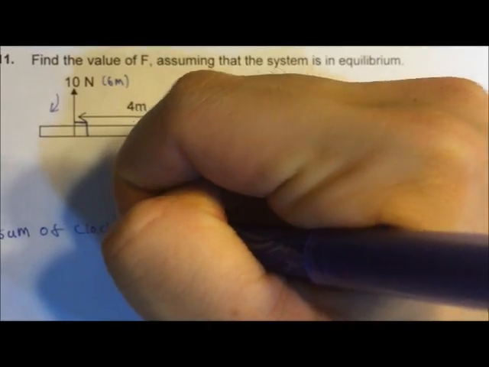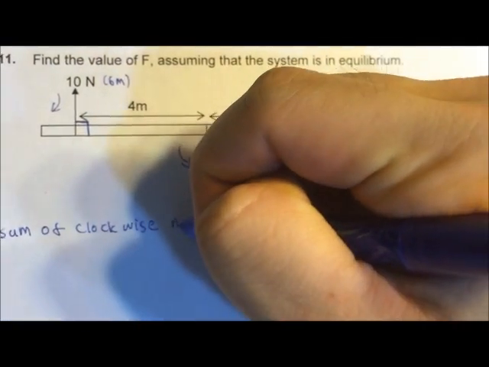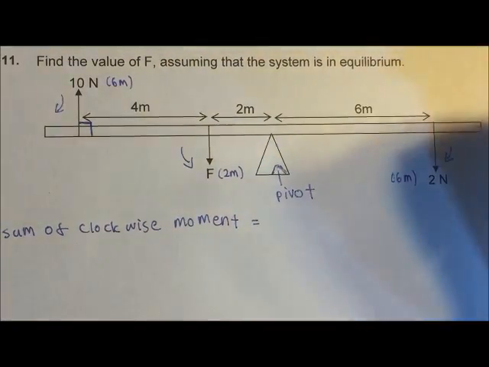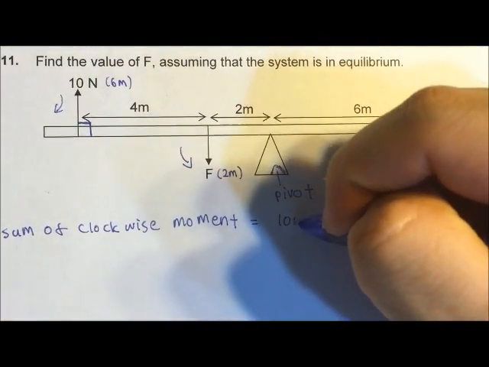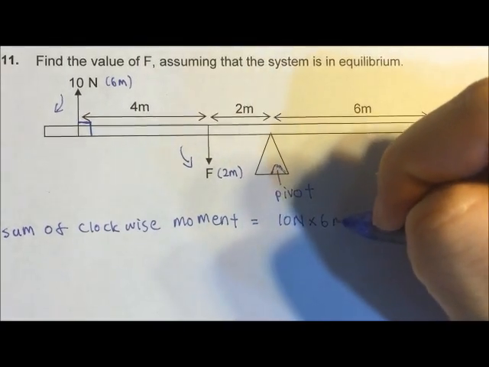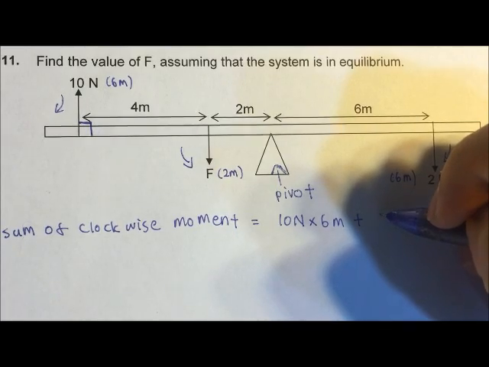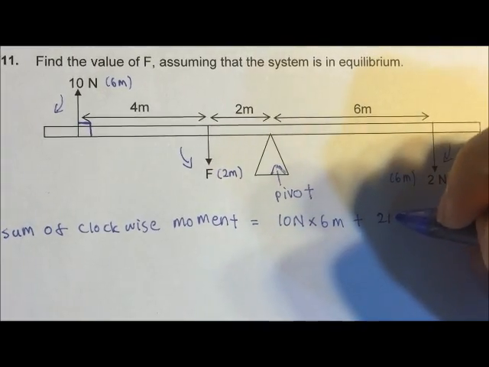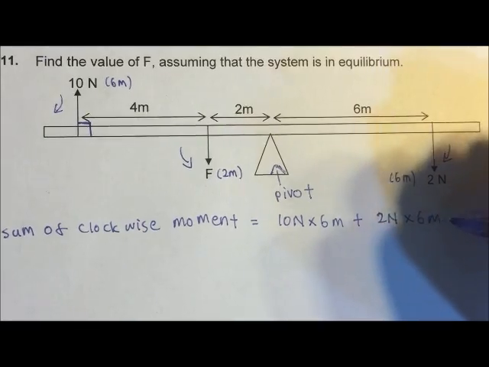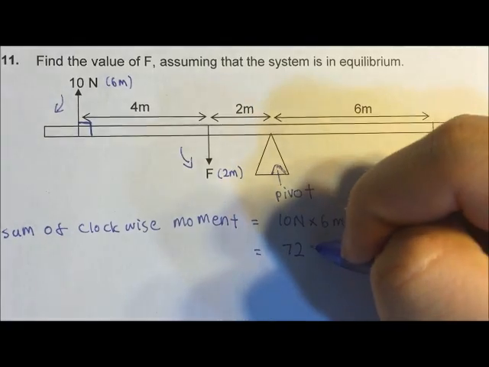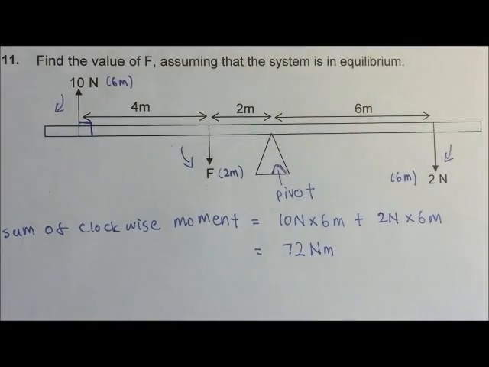So the sum of clockwise moment will be equals to 10 Newton times 6 meter plus 2 Newton times 6 meter, and this will give me a total of 72 Newton meter.